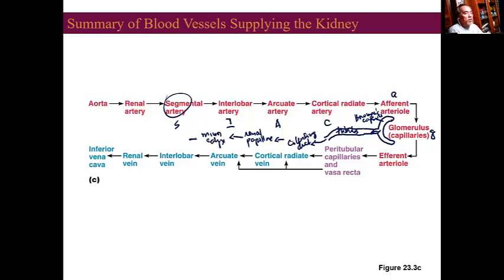Okay, and the minor calyx goes to the major calyx. And the major calyx goes into the renal pelvis. And the renal pelvis goes into the ureter. And then from the ureter, it's going to be stored in the bladder. And it's going to go into the opening called the urethra to the urethral orifice.